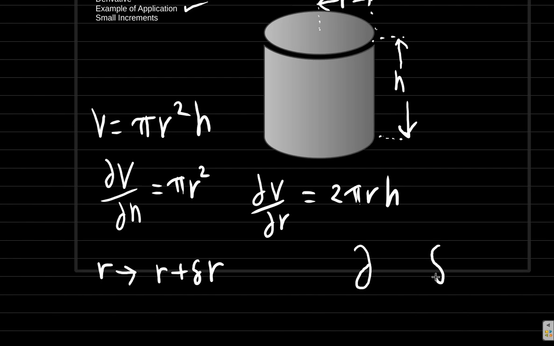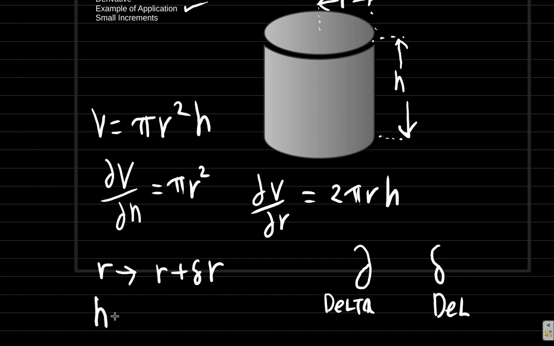But this one is the differential. Now, what I realize is that this one, you give it the full name delta, but it's popular to just call this one del. Alright? Small change. So, r changes to r plus a small change in r, which is r plus del r. Right?